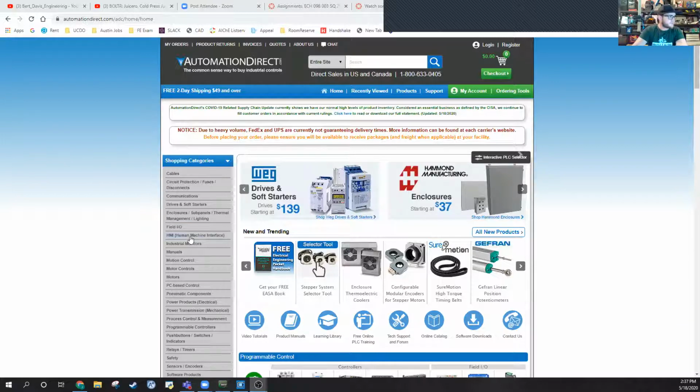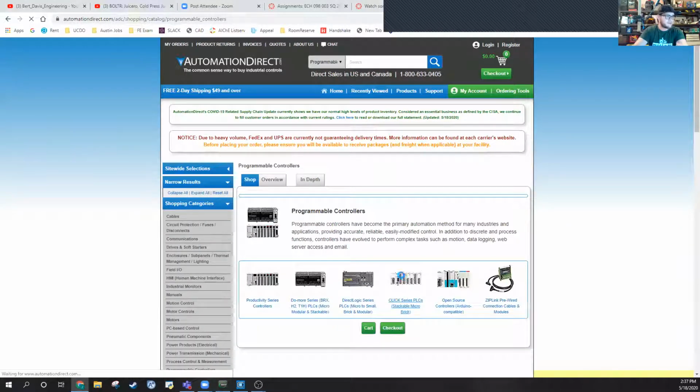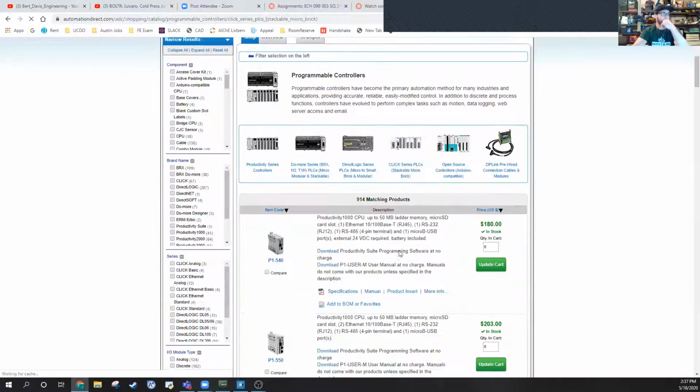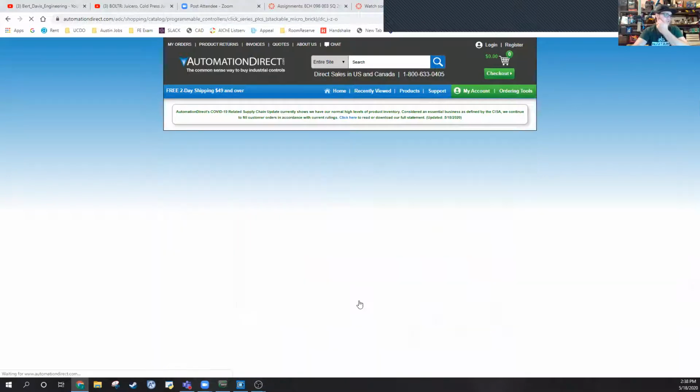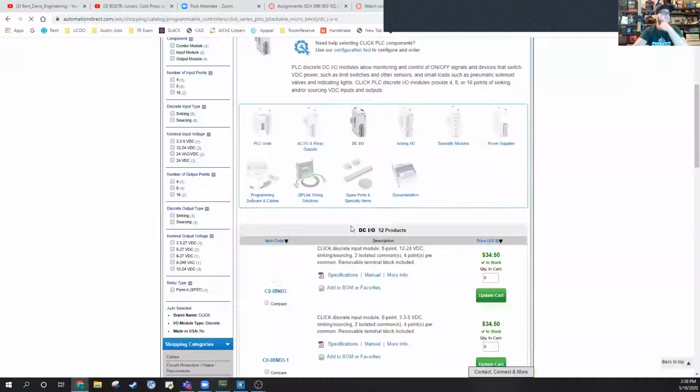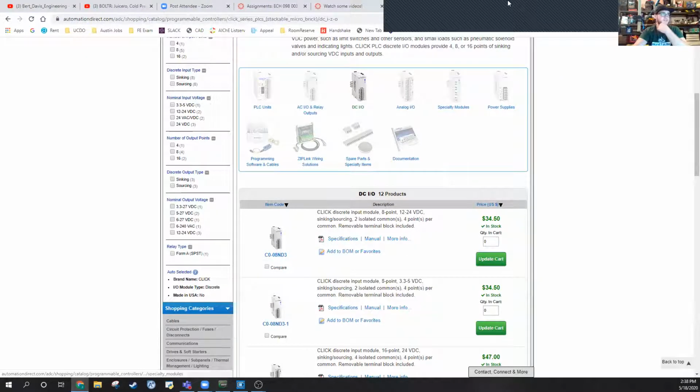Okay, so if we go on Automation Direct and look up our Click PLC series, and look at DC inputs and outputs. This is the C0-08ND3. That's what we have. I want to pull up the spec sheet for this real quick.